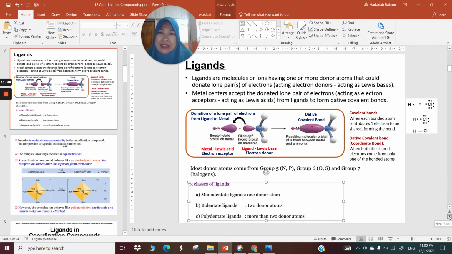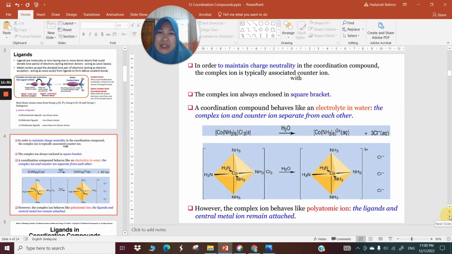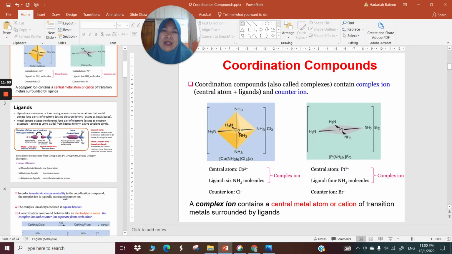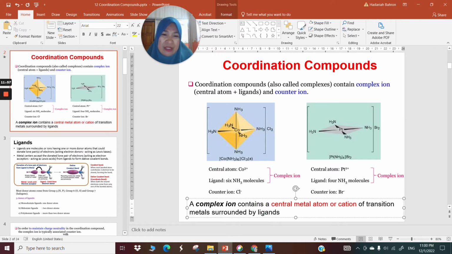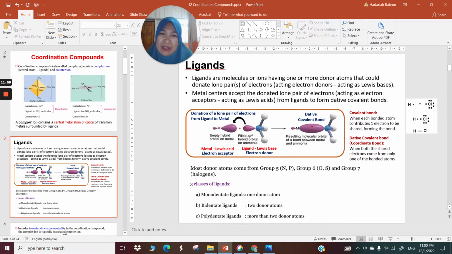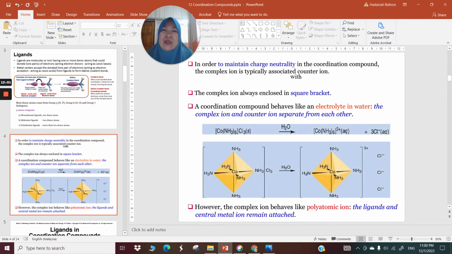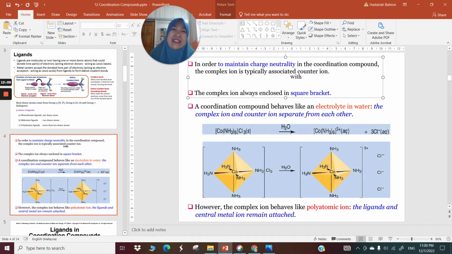So that's about ligands. So I'm still talking about coordination compound. Remember here, coordination compound, I was talking about the complex ion and so on and so forth. So in order to maintain charge neutrality in the coordination compound, because when you have a coordination compound, the word compound implies that it is a neutral moiety.